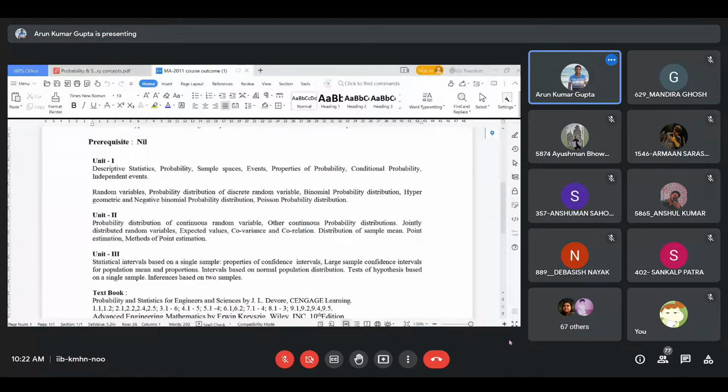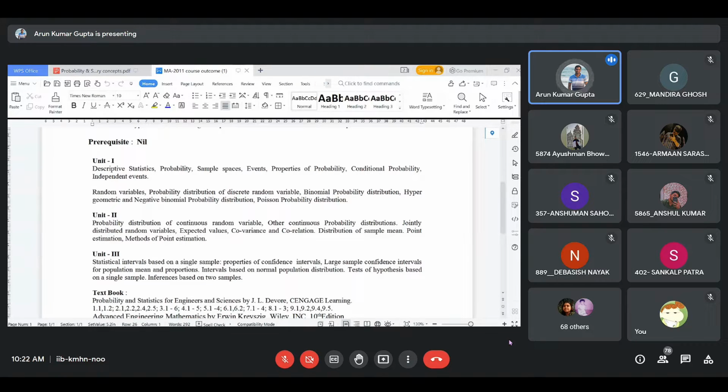Those transformations are nothing but some improper type of integral which will be difficult to handle, so we name them in terms of transformations, or we define them in terms of functions. The gamma function is one such thing. So that is your gamma function.